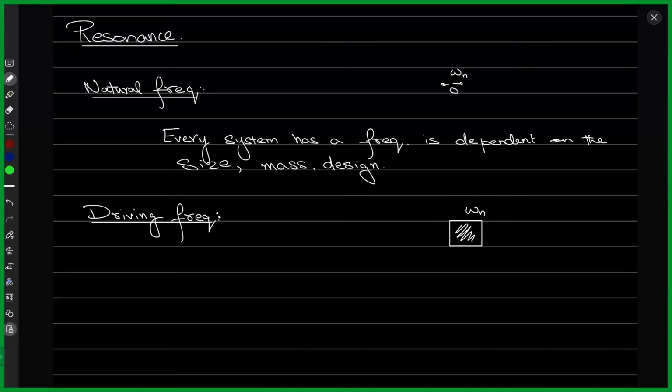And that frequency, I'll just call it omega. When I kick it or push it or apply any sort of force to this object, then I'm just giving it some more frequency. Now, if this frequency omega is greater than or equal to omega natural, which is the natural frequency, then resonance happens.